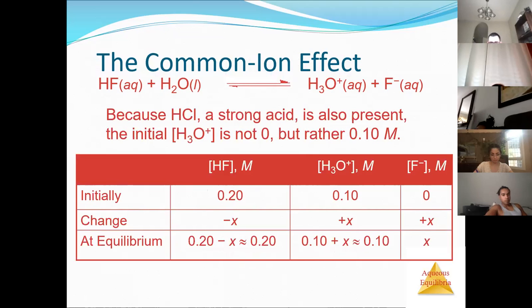Now, my HF will produce X amount of H3O+ and X amount of F-, and it loses X amount of HF.